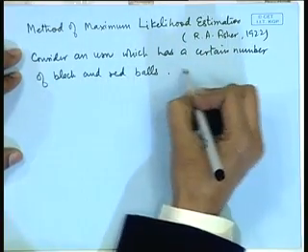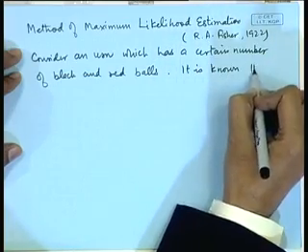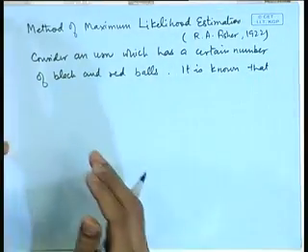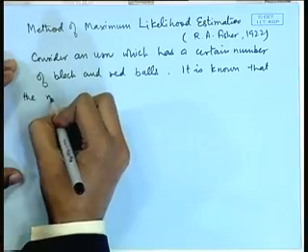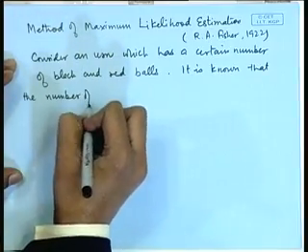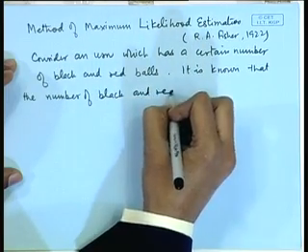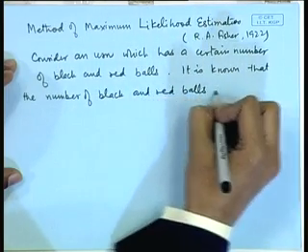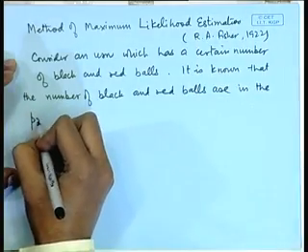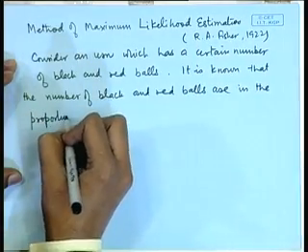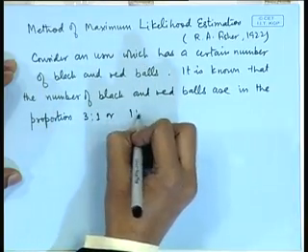So, it is known that the number of black and red balls are in the proportion either 3:1 or 1:3.